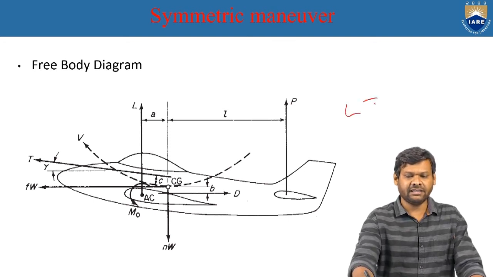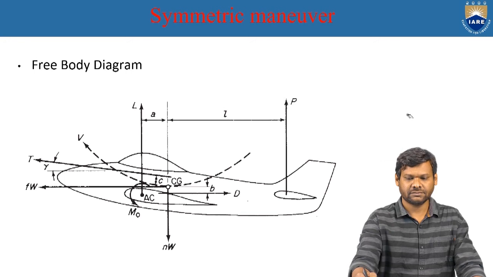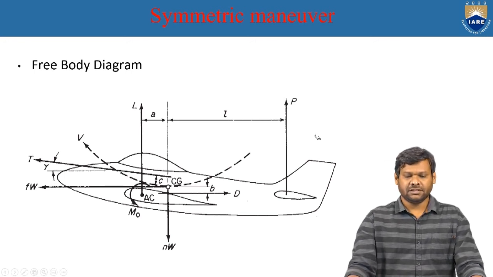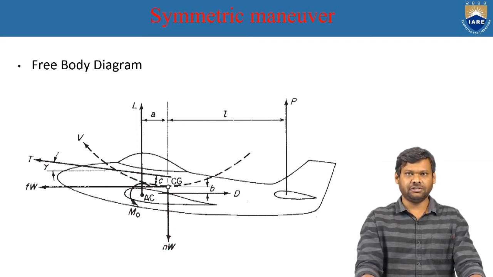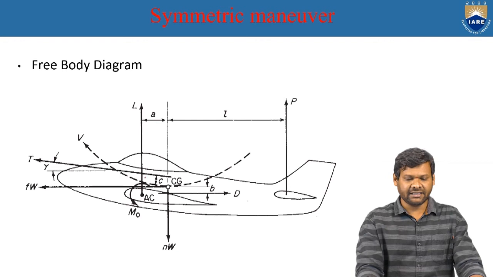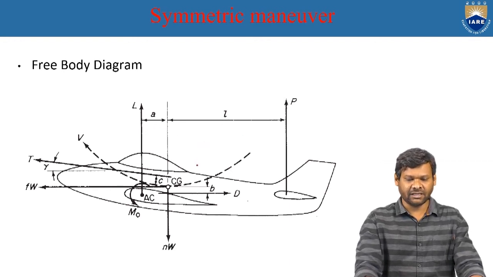N can be written as the lift force divided by the weight W. Okay, and the weight NW is the force which is acting towards the downward direction, and it is N times W. It is not W.